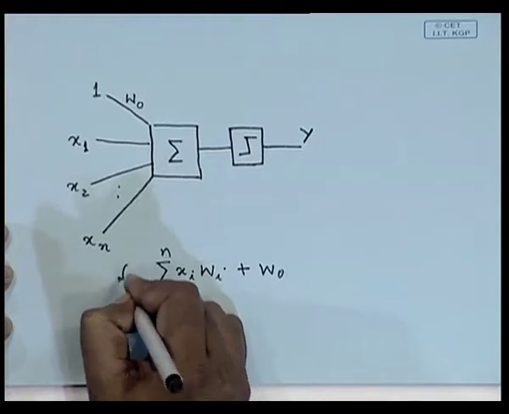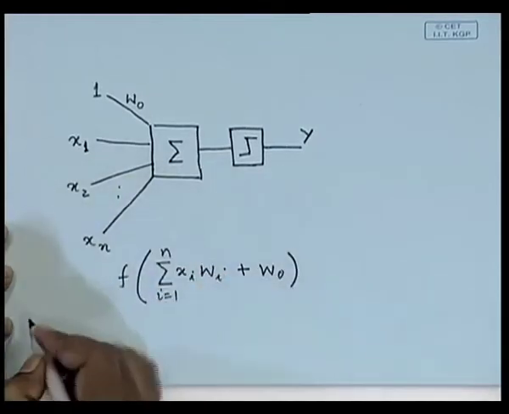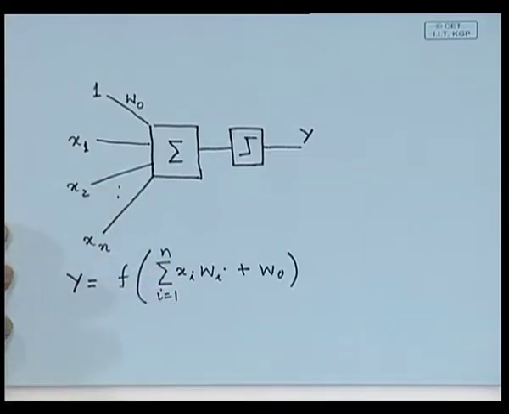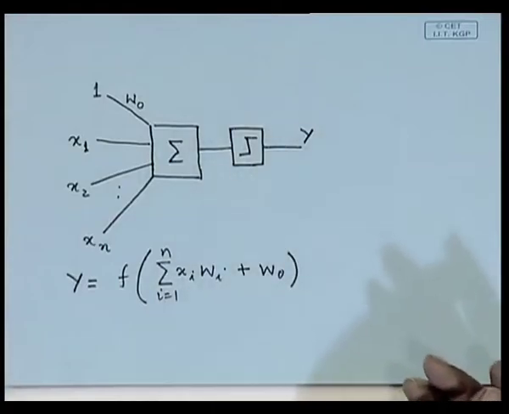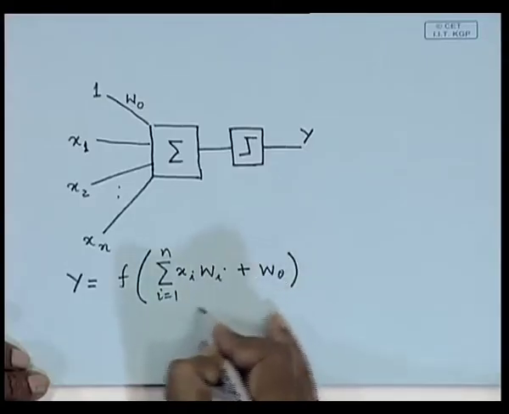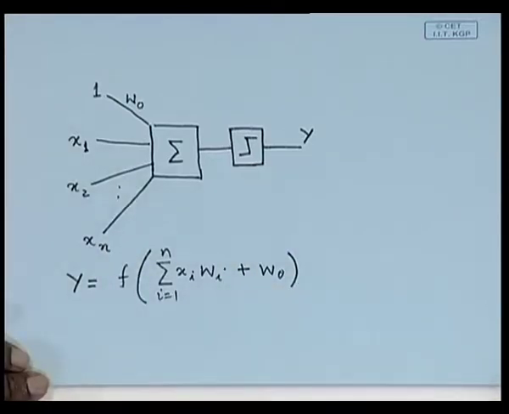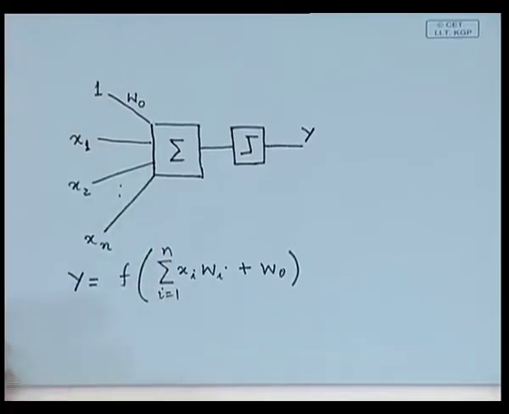And on top of that, I put this nonlinearity, which gives me the output y. Again, I can have a similar kind of decision: y will be set equal to 1 if this term is greater than threshold, and set to 0 if this term is less than or equal to threshold, and accordingly I can go for classification.